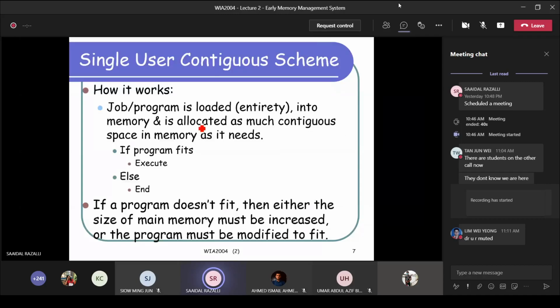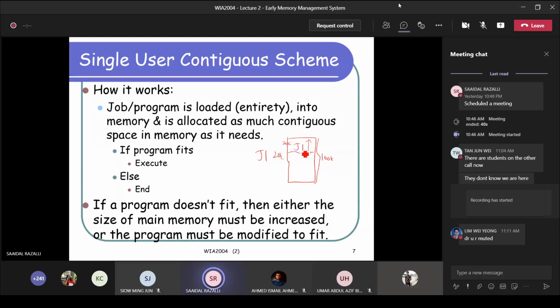How it works: the job program is loaded entirely into memory and is allocated as much contiguous space in memory as needed. If the program fits, execute; else end. So let's say job 1 enters, and you have 100K of space. Job 1 is 20K, occupying this block. If the program fits, execute.